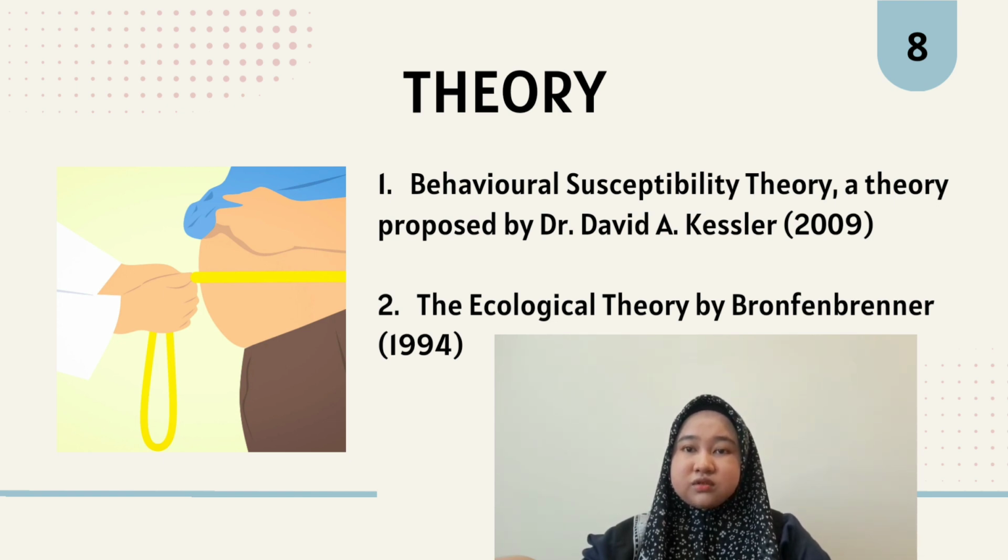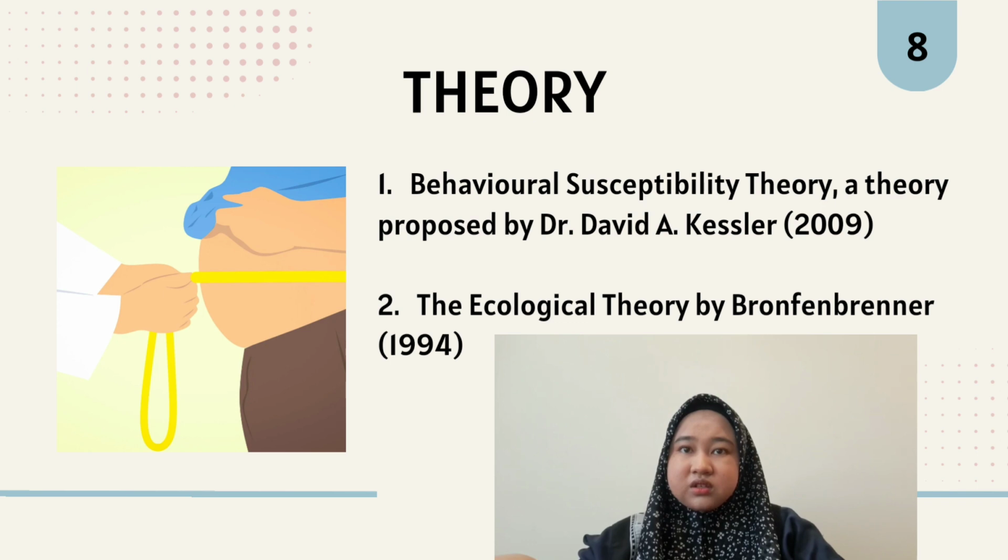For the second theory, the ecological theory by Bronfenbrenner, 1994. An ecological theory connected to obesity was developed for monitoring and deciding complicated public health issues.